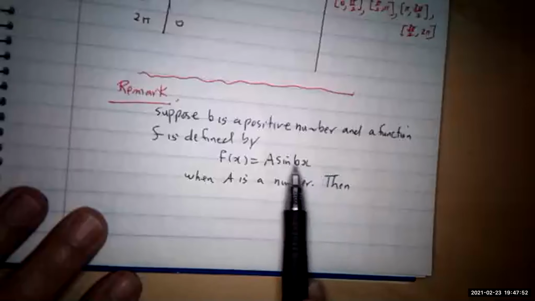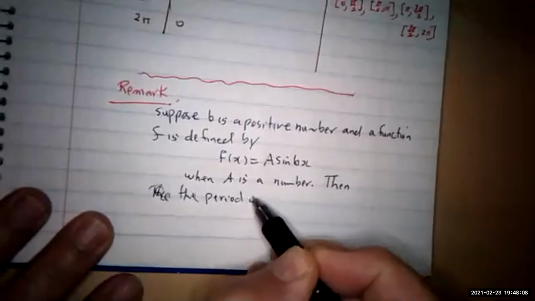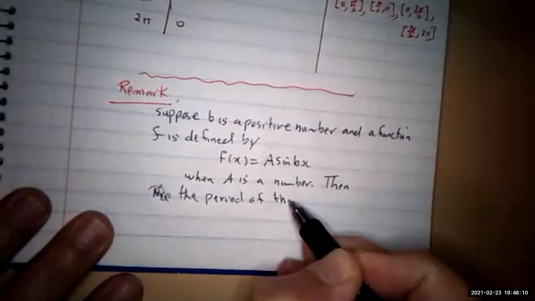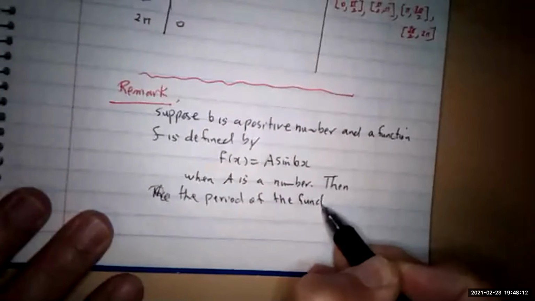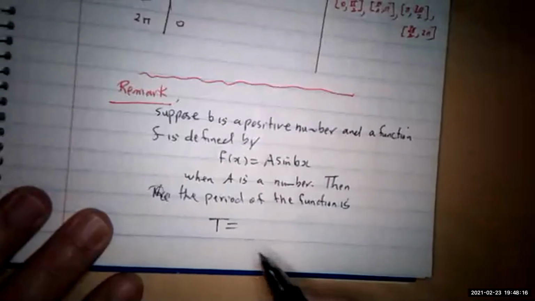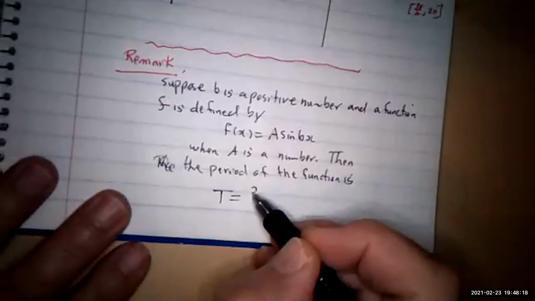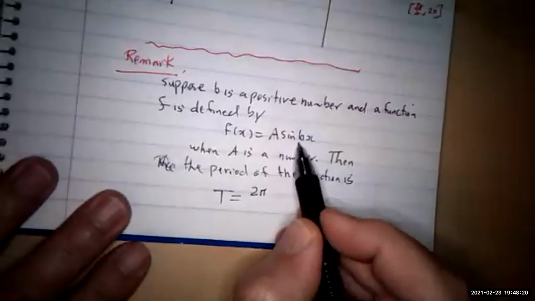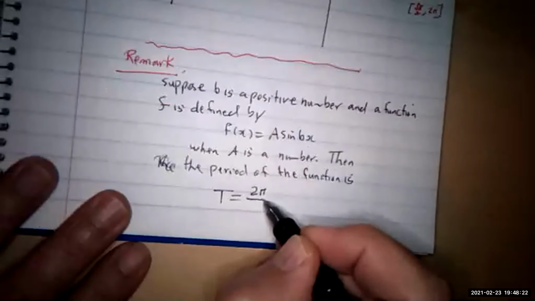The period of the function is T equal to, it used to be 2 pi, but you have to divide it by this new coefficient that we have here. It's going to be 2 pi divided by b.